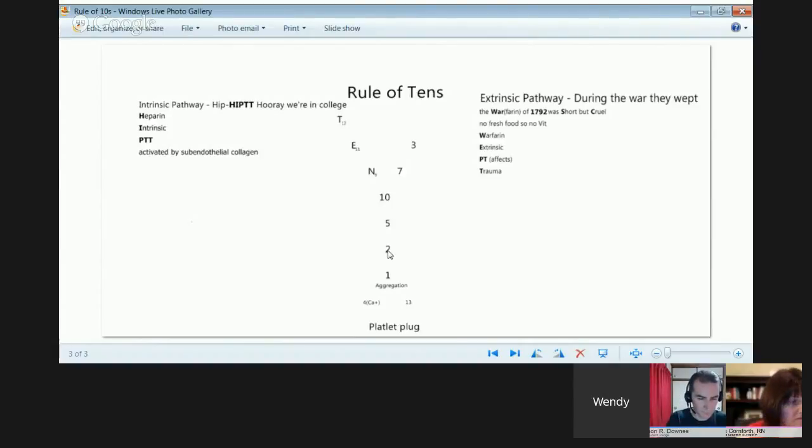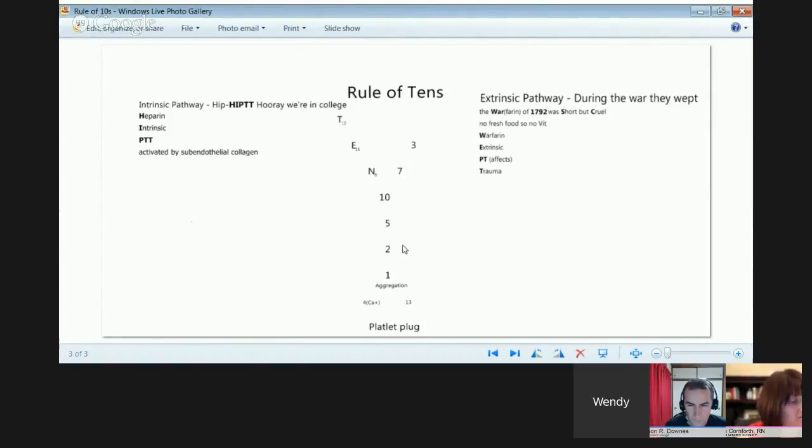Unactivated factor 2, when it's just hanging out in the blood, not activated, is prothrombin. And then once factor 5 activates factor 2, it becomes thrombin. So that's important to know. And then factor 1 unactivated is fibrinogen.